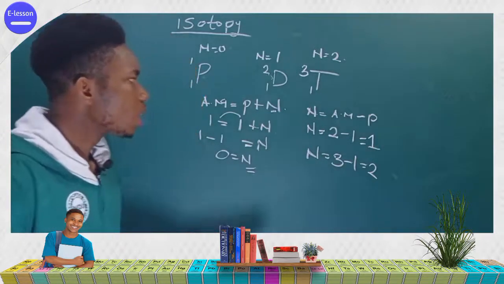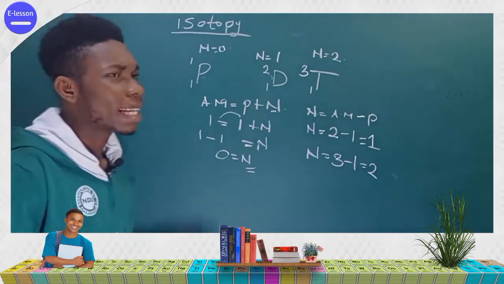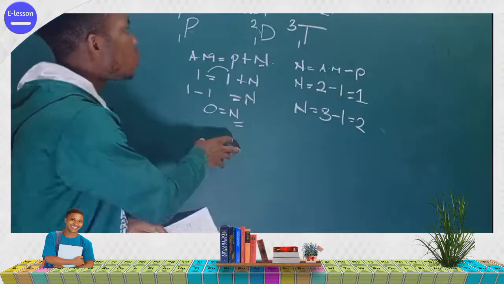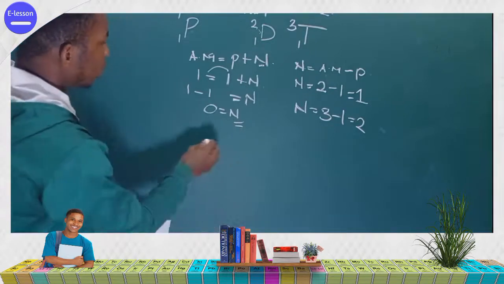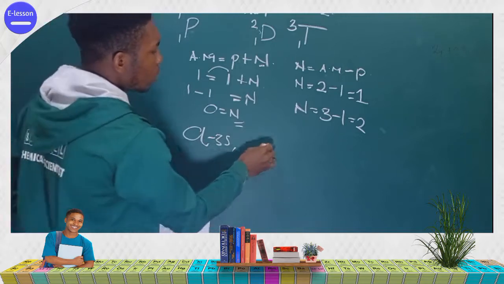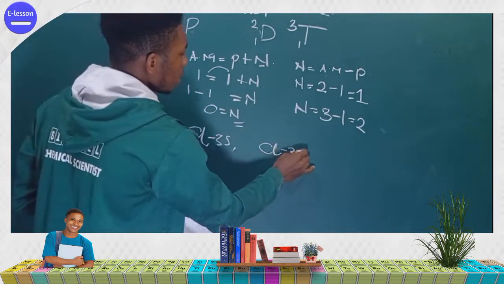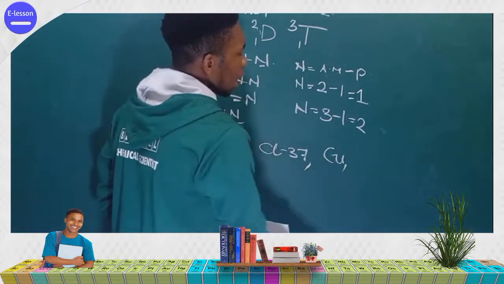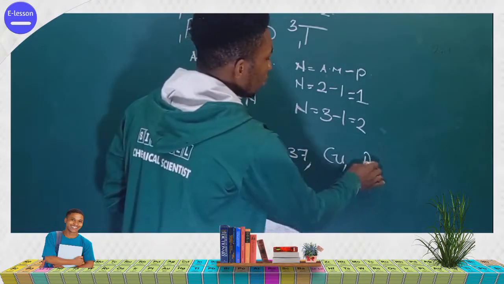Now, we have other elements that exhibit isotopy, not just hydrogen only. We have chlorine. Chlorine has chlorine 35 and chlorine 37. We have copper. Copper exhibits isotopy also. We have rubidium.